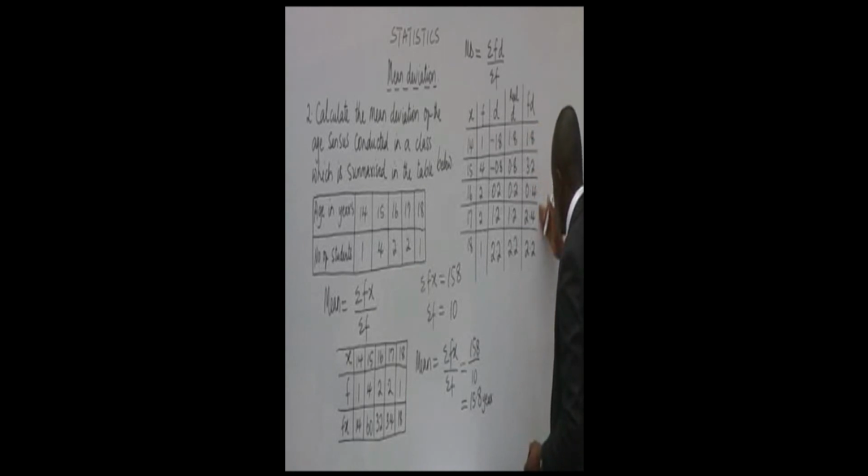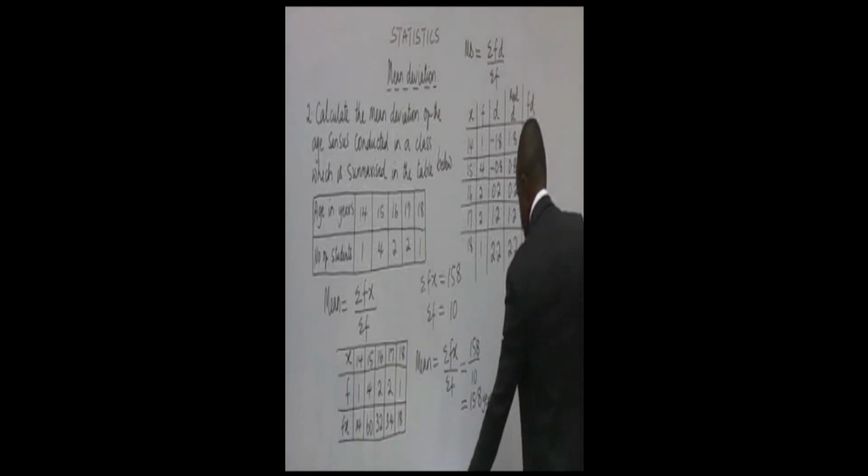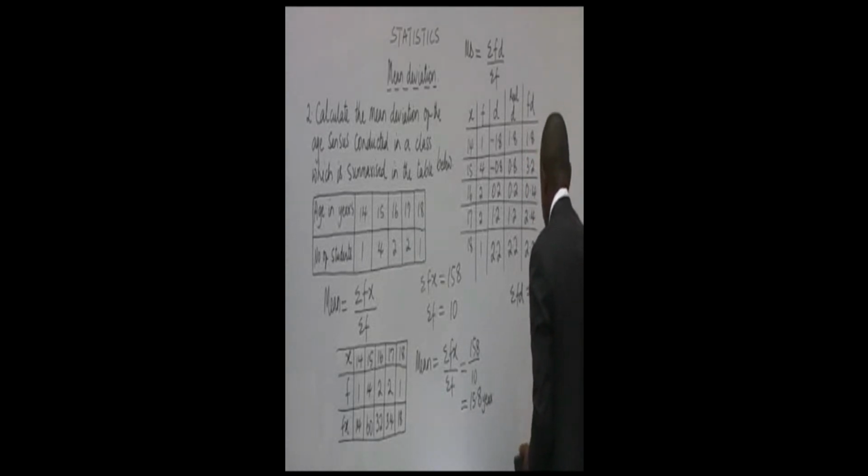Summation FD means add up what you got as frequency times deviations. So our summation FD is equal to 10.